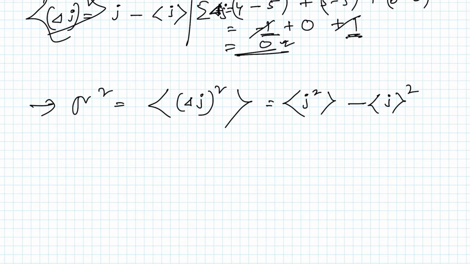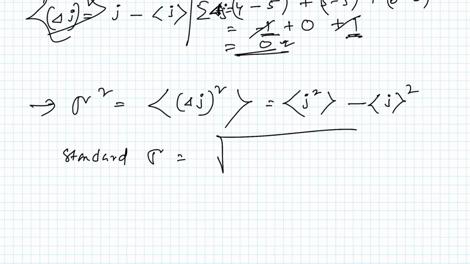And if you find the standard deviation, sigma, that is going to be the square root of the average of the squares of the observations minus the square of the average of the observations. Okay, so it is always a positive value.